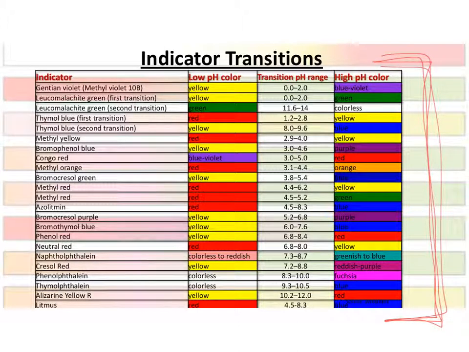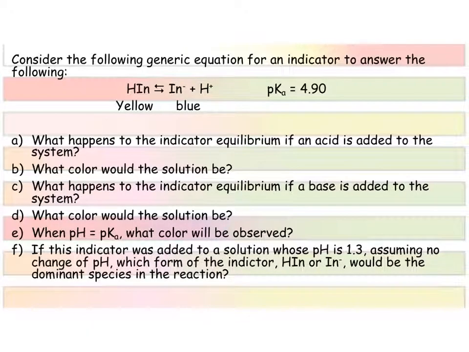The other thing I wanted to say was universal indicator is a common indicator. It goes through kind of the colors of the rainbow. That's not one particular indicator in there. It is actually a mixture of a bunch of different indicators that transition at different ranges, and that's why you get the rainbow effect.